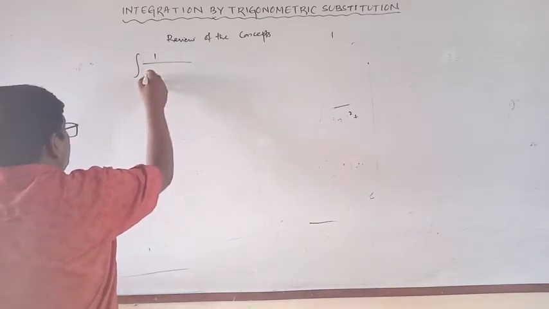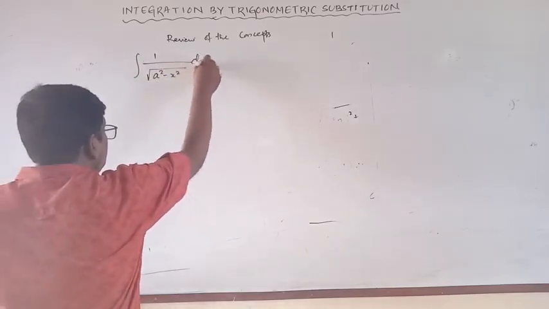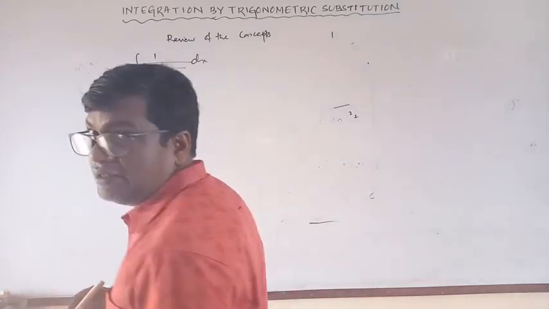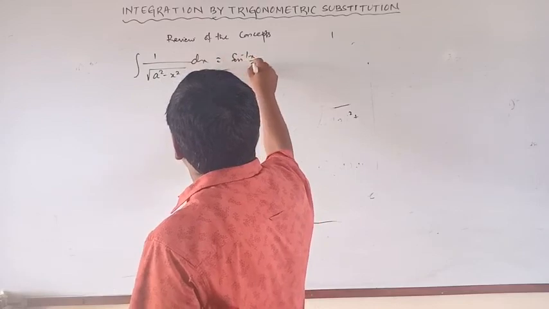1 by root over a squared minus x squared, dx. The formula is sin inverse x by a.